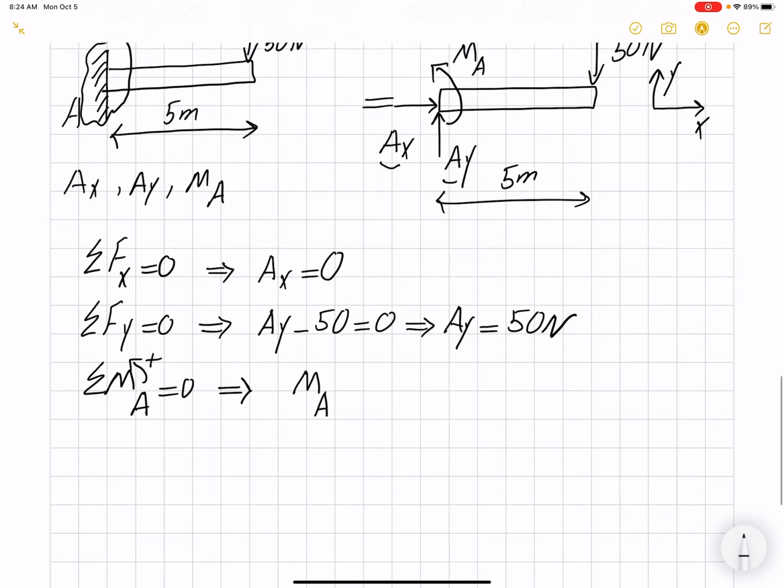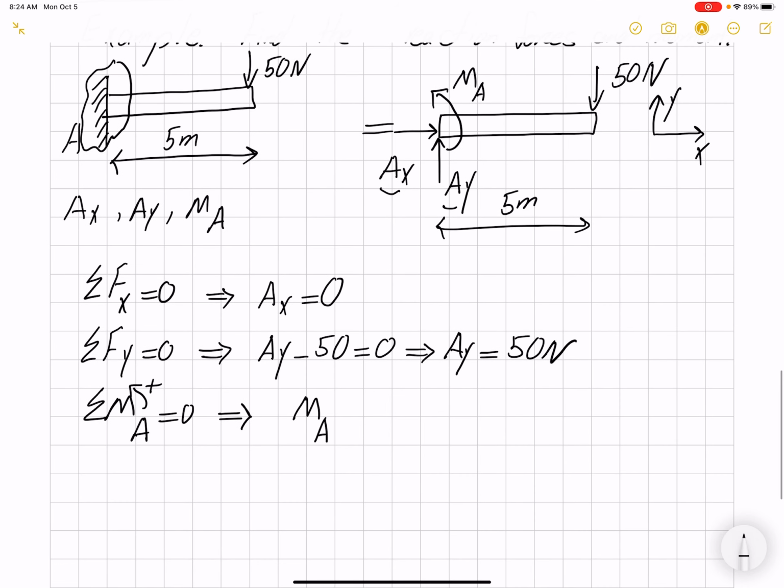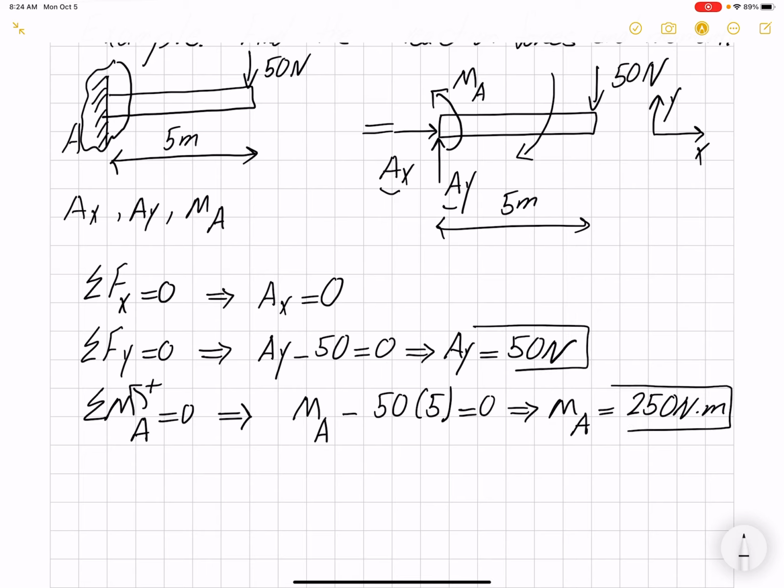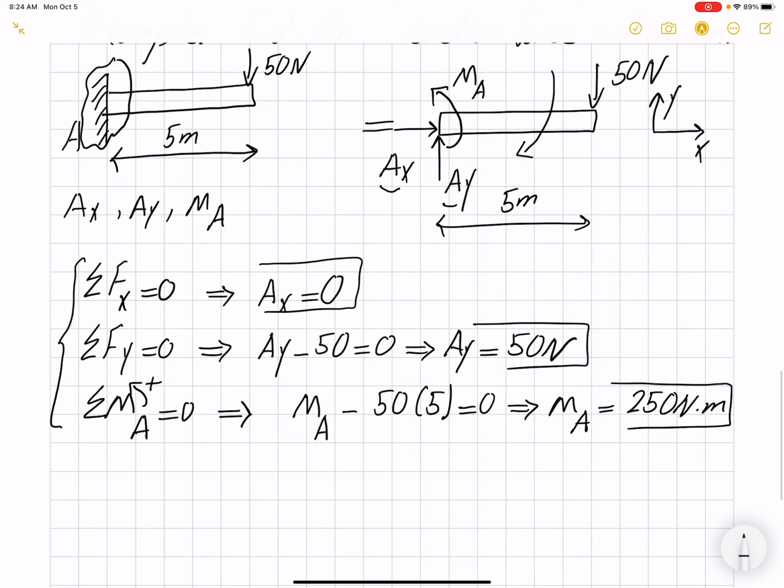So the only force that is creating a moment is that 50 Newtons, which will try to rotate our beam clockwise, so it's negative. Magnitude 50, moment arm is 5, equals 0. Therefore, MA is 250 Newton meters. So we found the support reactions. We had 3 unknowns, and in 2D we have 3 equilibrium equations, so we could solve for those 3 unknowns.